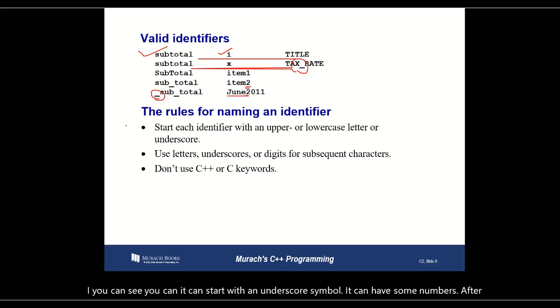So the rules for naming an identifier are that you should start each identifier with an upper or lowercase letter or underscore. Then you should use letters, underscores, or digits for subsequent characters. You cannot start an identifier with a digit. You should not use the keywords used in C++ or C.